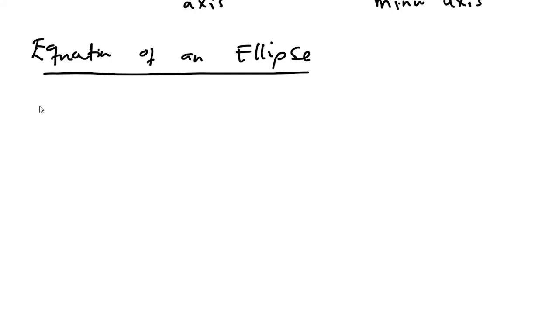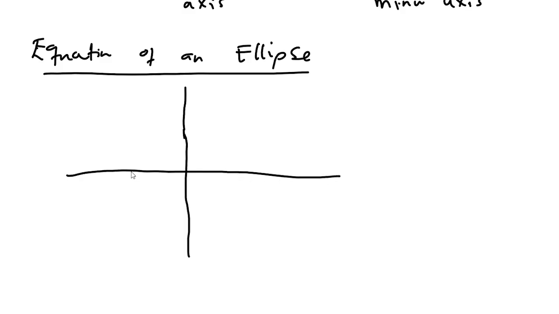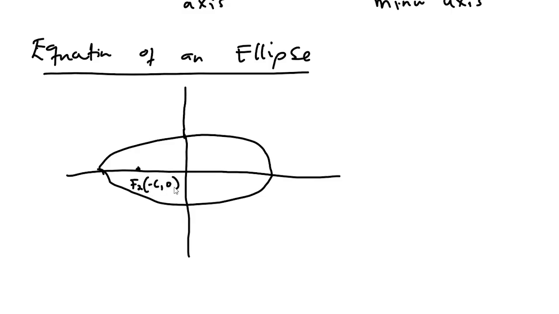Now let's consider this ellipse here. We have focus 2 with coordinates (-c, 0), at the negative side of the x-axis. Then we have another one here with (c, 0) because it is at the positive side.